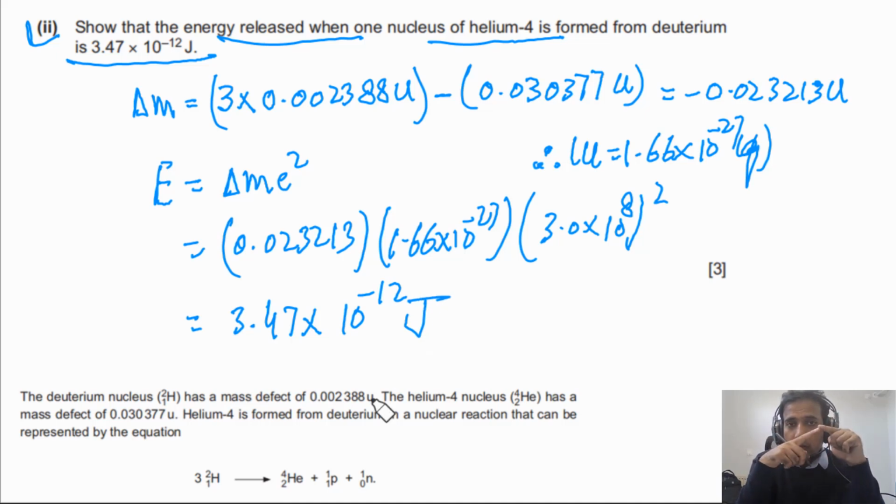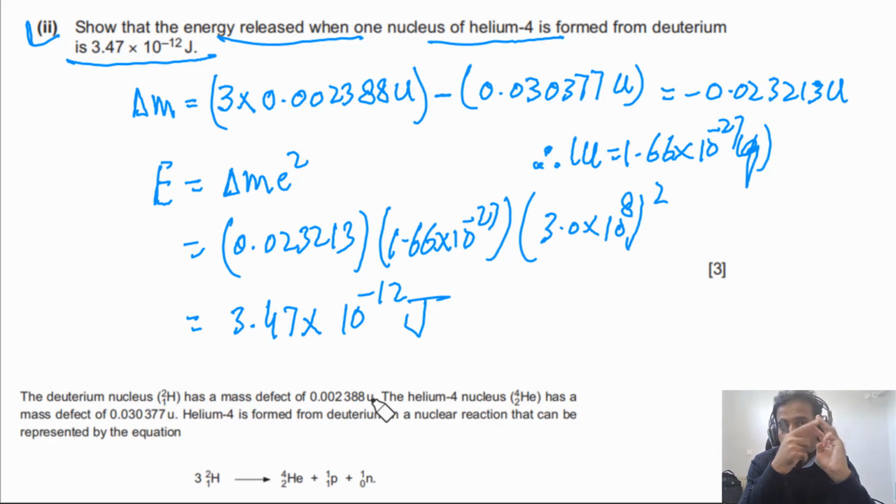You need to understand how to calculate energy released based on given binding energies, based on given mass defect, and also based on mass defect by calculation. Sometimes the mass defect will not be given to you, so you have to calculate it: the mass of reactants minus the mass of products. Then you can find the mass difference and use the formula.